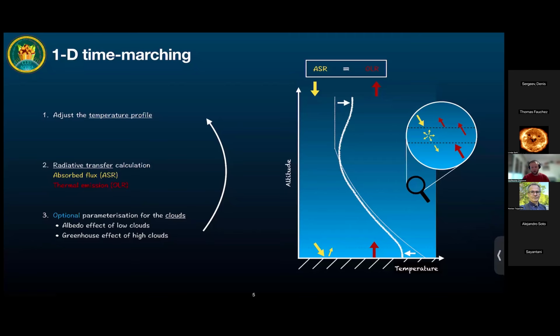So here we talk about time marching modeling. It's basically the same model with the same physics, but we wrap this in a loop over time to have a temporal evolution of the atmosphere to reach the equilibrium.